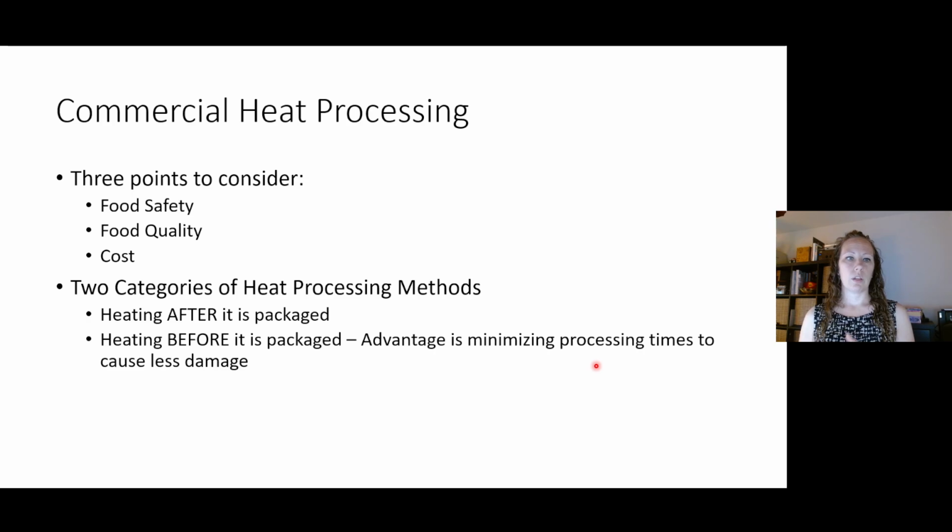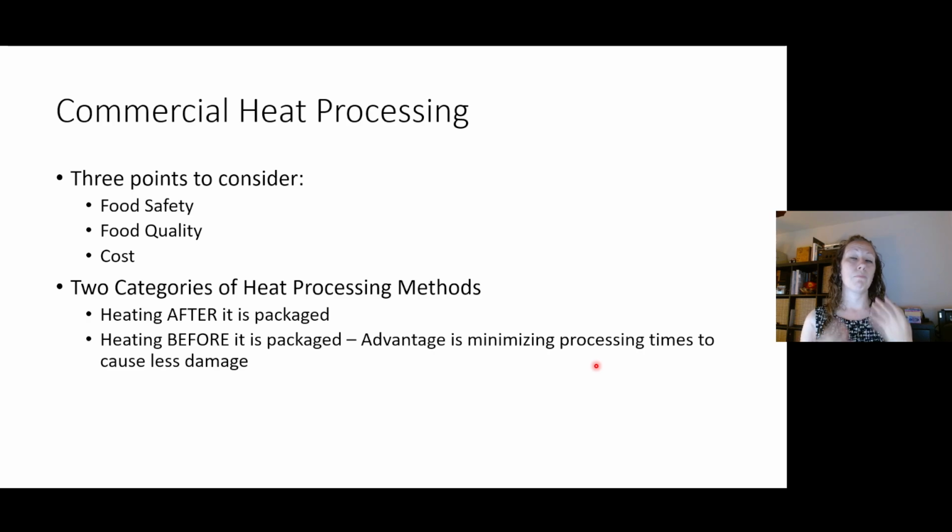So, kind of summarizing what I've said a couple times, the three main points that we need to consider in commercial heat processing are food safety, first and foremost, followed by food quality and cost.